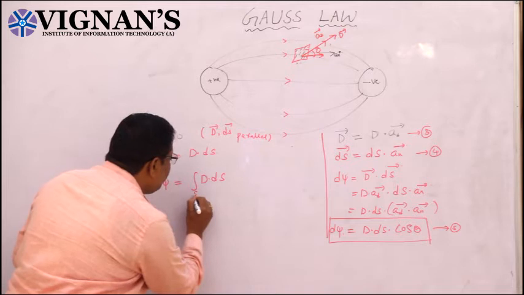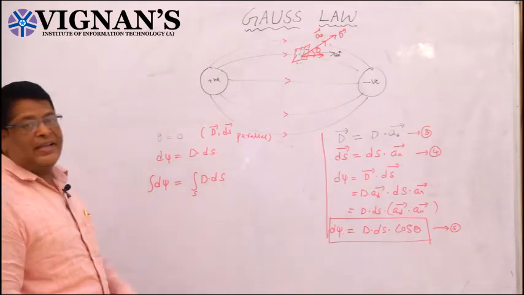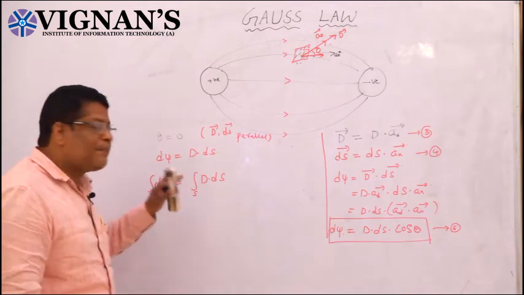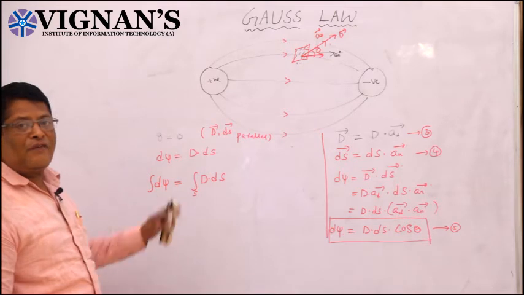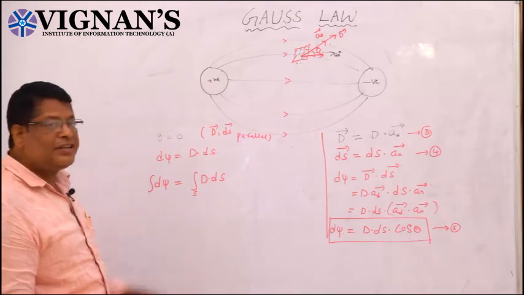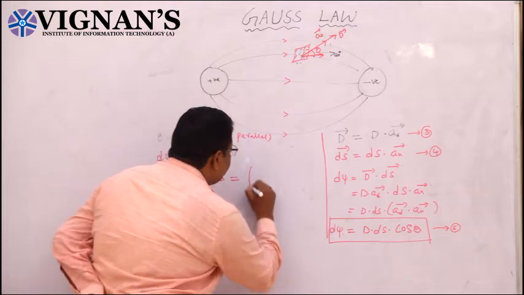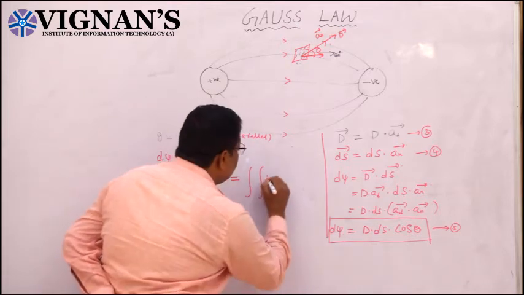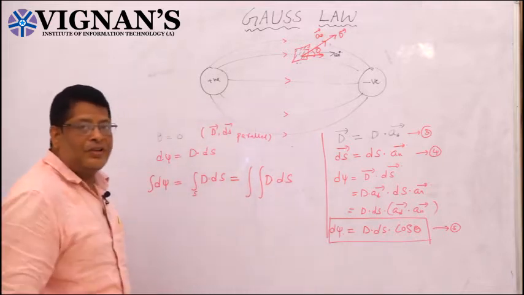That's why here you have to write it as integral of s. The integral of s is representing the surface integral. The surface integral is nothing but a double integral. Two integrals, D into ds.